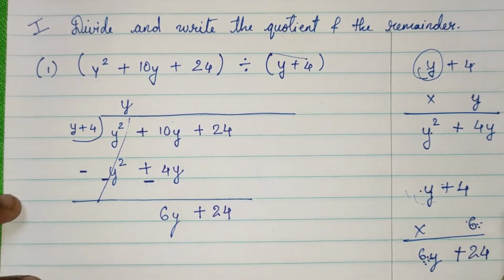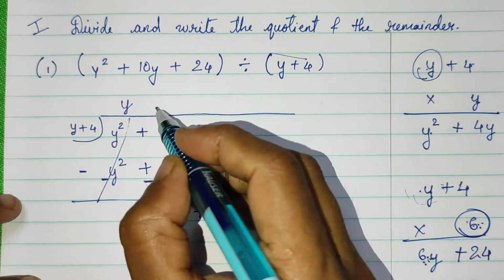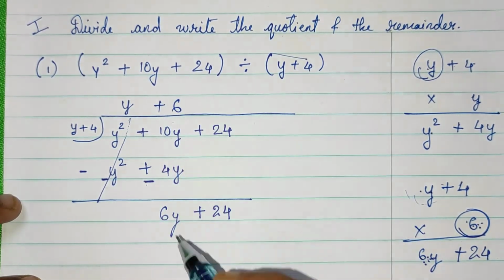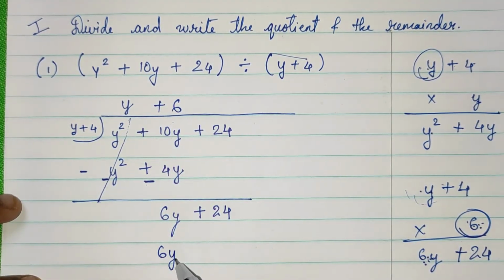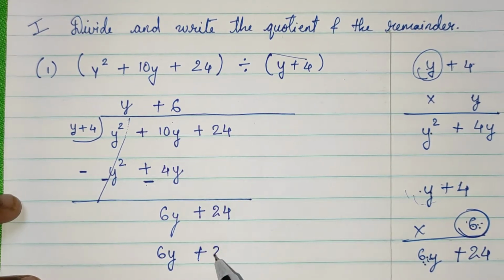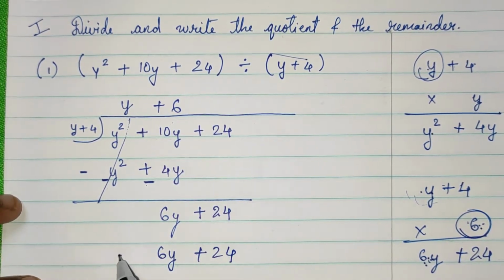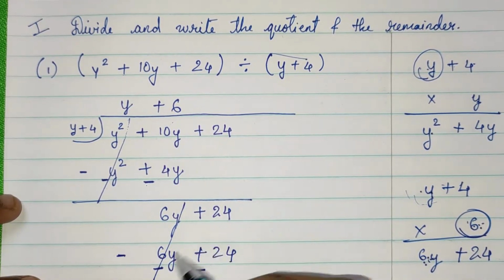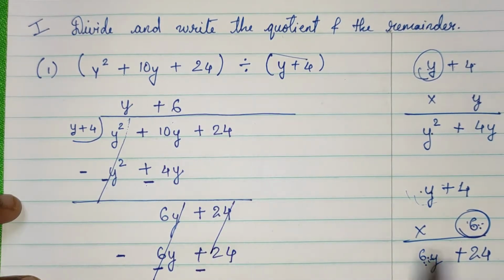So when we multiply by positive 6, we get 6y plus 24. And minus into plus, minus, so it cancels and becomes 0.